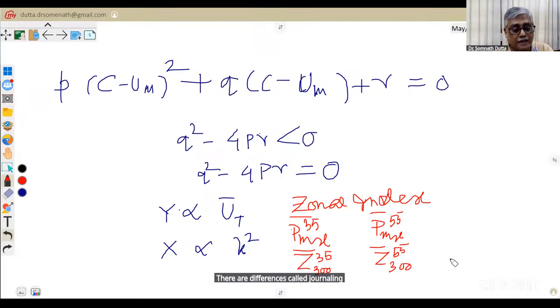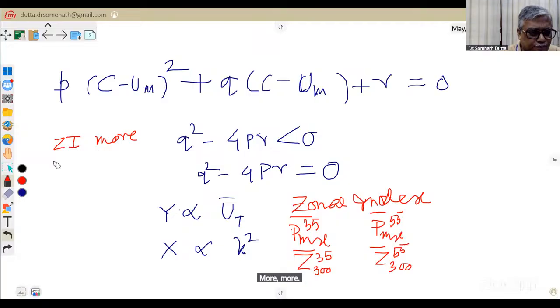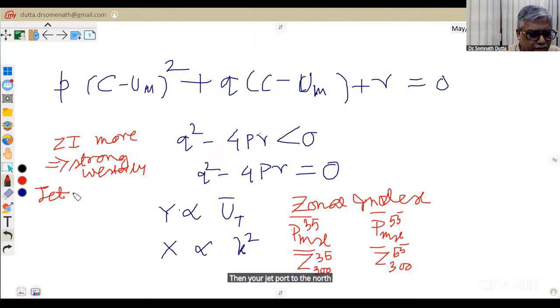Now if the zonal index is high, then it implies strong westerly. Then your jet core is to the north of its normal latitude.